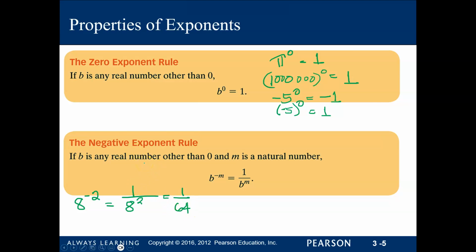All right? Now, if you happen to have an expression, let's say we have x to the third, z to the fourth, okay? All over y to the negative 2, and then you have z to the 7th, all right?